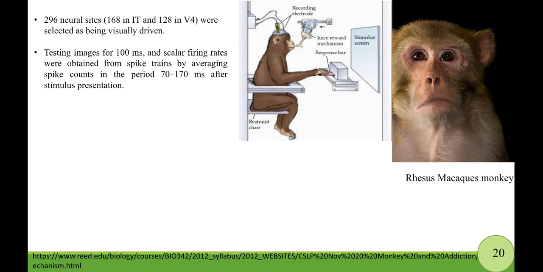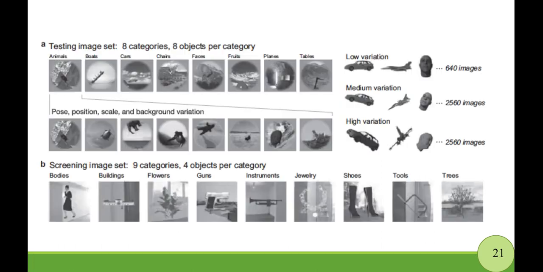They show each image for 100 milliseconds, and they measure the firing spikes from 70 to 170 milliseconds after the stimulus presentation. It's been said that these are the main regions that give us a good representation of the stimulus response.